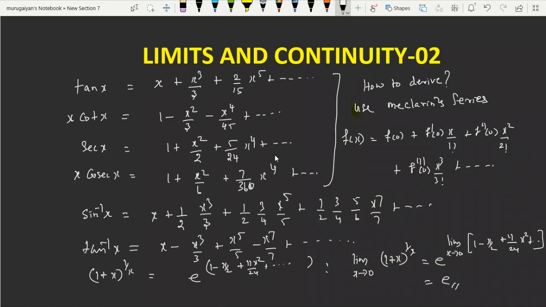This is the derivation of the fundamental result. So the limit as x approaches 0 of 1 plus x whole power 1 by x is always e, or as x approaches infinity, x and 1 by x should be interchanged. Then we will get a similar type of result.